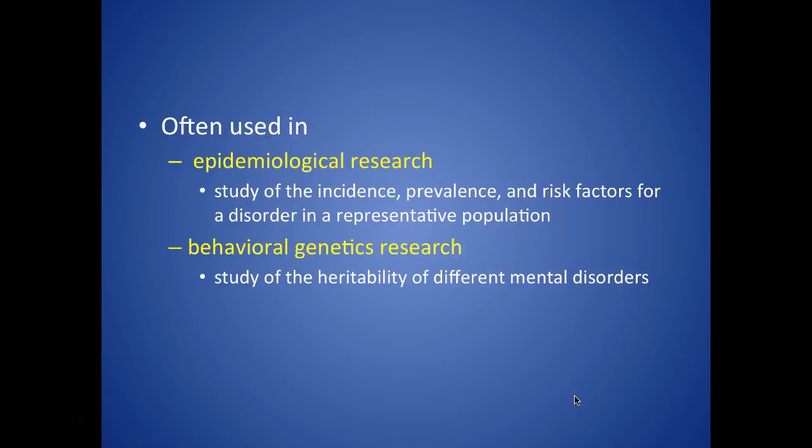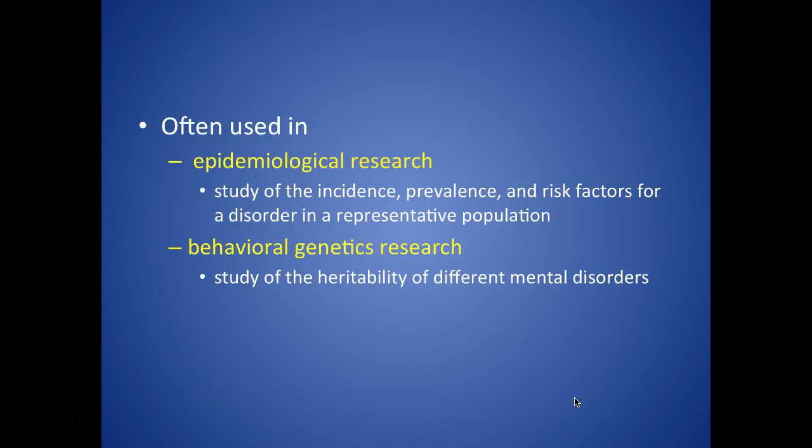Correlational research is also conducted in behavior genetics research, where you take people who vary in the number of shared genes. For example, parents and children share 50% of genes, identical twins 100%. You see if the number of shared genes correlates with the likelihood of having a disorder.